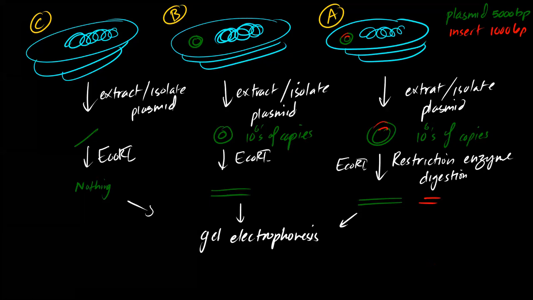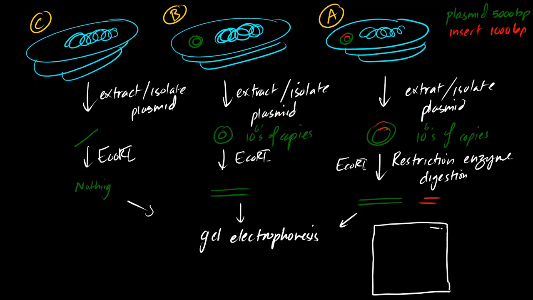If we do electrophoresis, we have 3 wells: for the plasmid sample from bacteria A, sample from bacteria B, sample from bacteria C. On gel electrophoresis, we take the plasmids, we digest them with restriction enzyme EcoR1, then we take the digestion products and we run them on the gel.